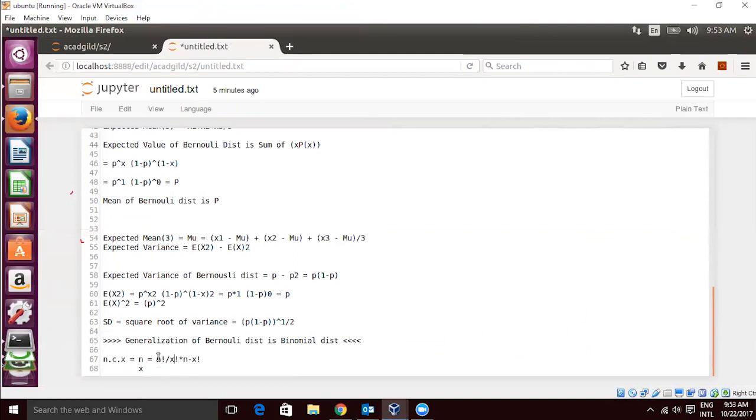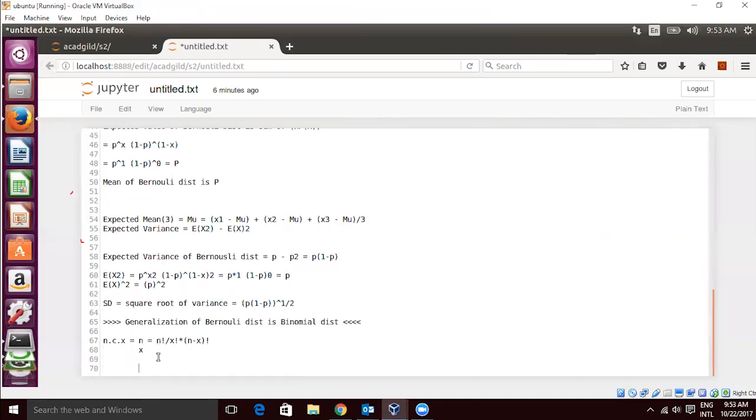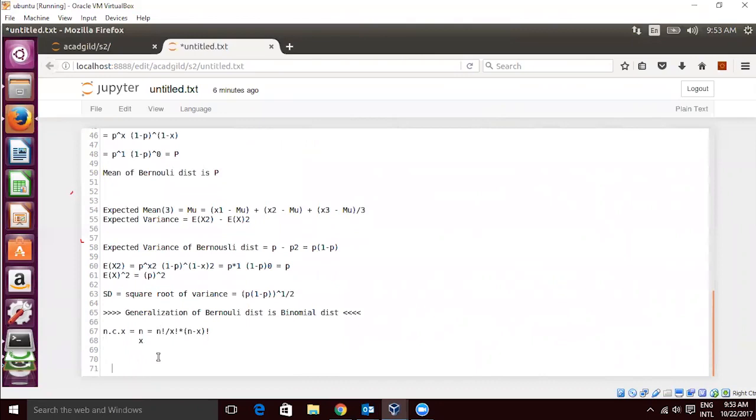Simple. Maybe we can come up with an example. What is 5 choose 3? So 5 factorial divided by 3 factorial, which is x, and 5 minus 3 is 2 factorial.